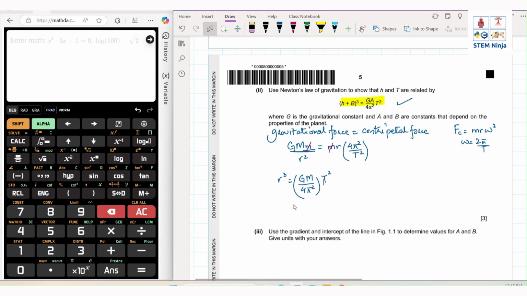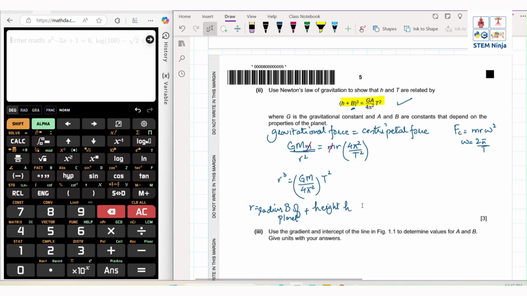Now we specify that R is equal to the radius of the planet, which they have given as B, plus height h.